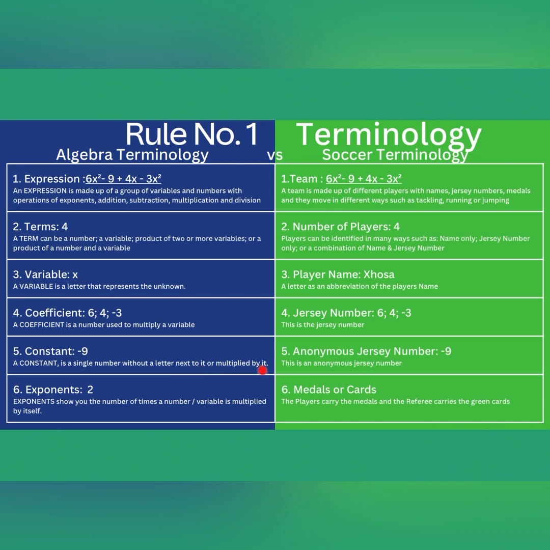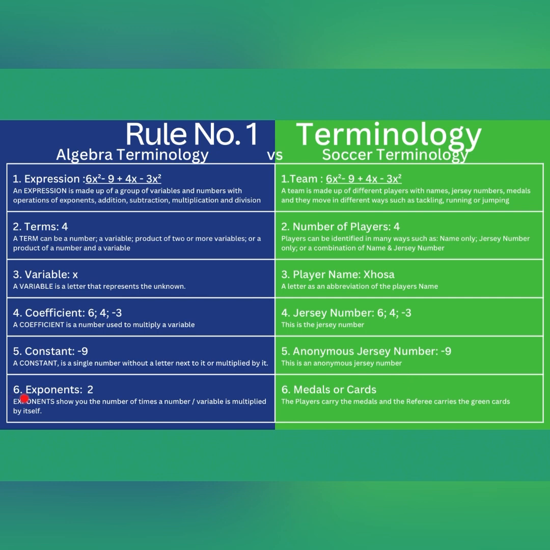In our expression at the top, our constant is the number negative 9. It does not have a letter next to it or multiplied by it. In soccer, we say that this constant is an anonymous jersey number, minus 9. This is an anonymous jersey number because it does not have a letter next to it.